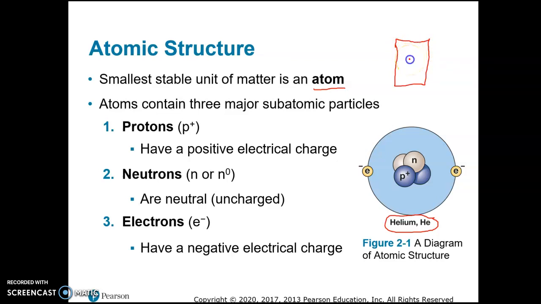So there would be a box, and then you would see the symbol for helium, which is He. Since H stands for hydrogen, we have to have something different than just an H. And then you would have two numbers. There would be a mass number, which is the larger of the two numbers.